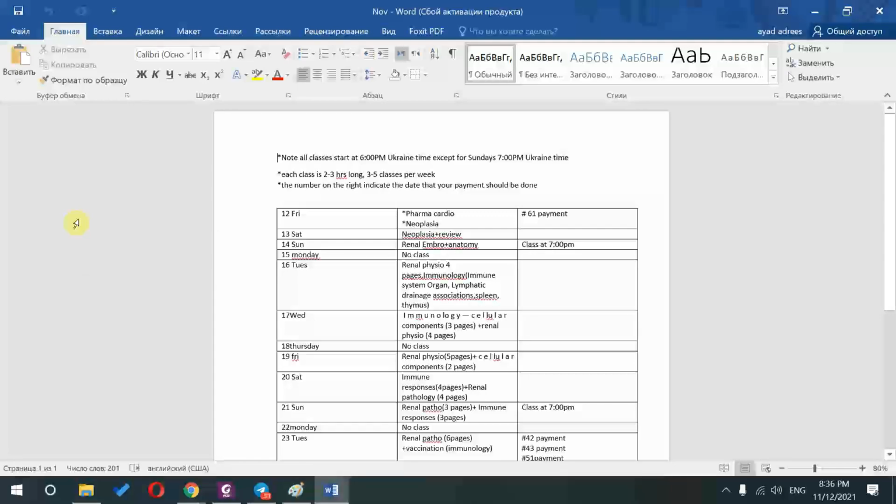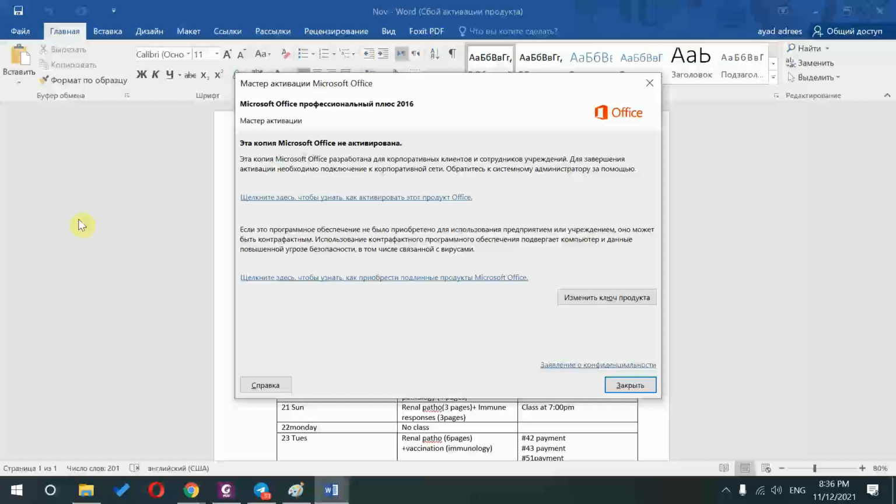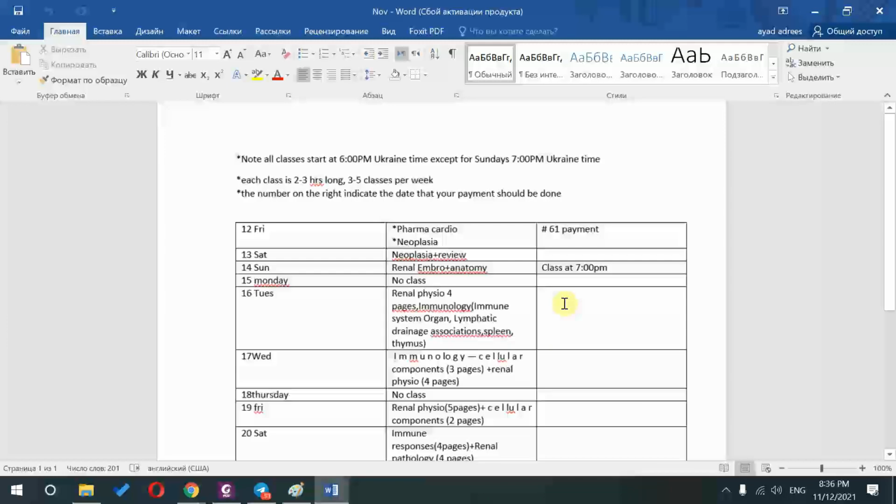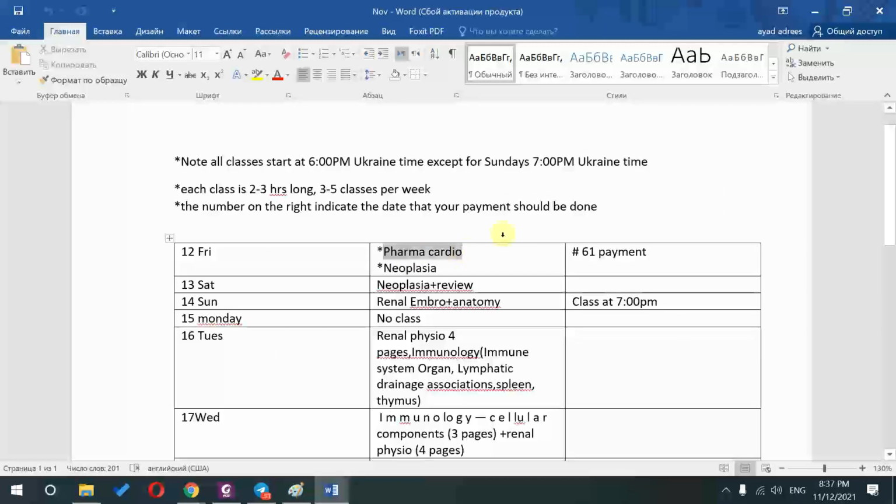Pharmacology is important at the exam, but the most important subject in the whole book is pathology. It makes around 60% of the exam, so don't joke with pathology, man. The most important subject.